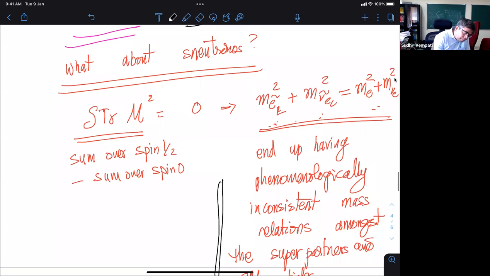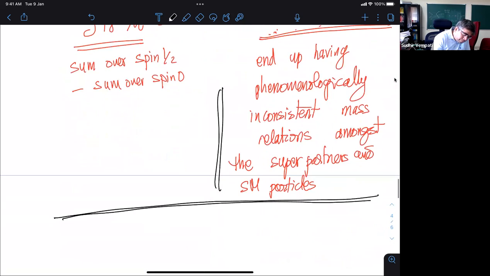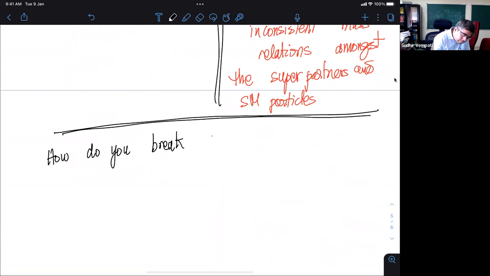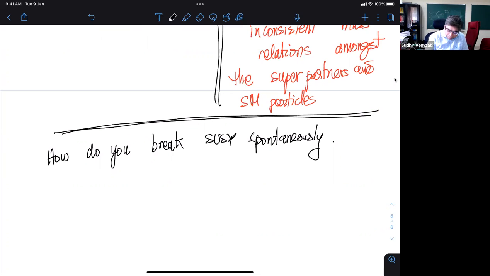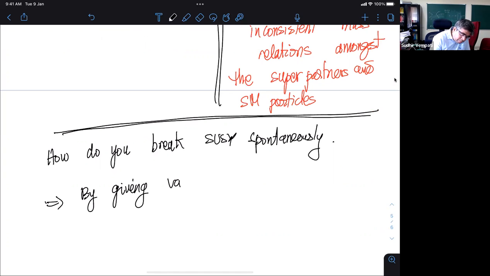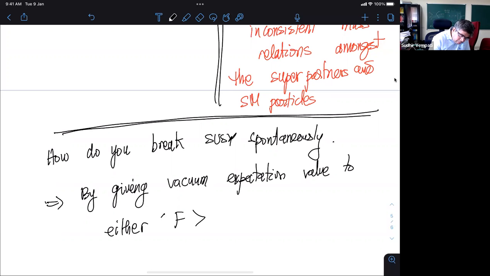Now, how do you break supersymmetry spontaneously? It turns out there are two ways: by giving a vacuum expectation value to either the F term or the D term.